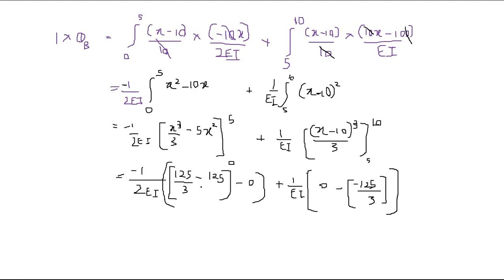So this is going to be 3 times, so you can take it out. So this is 1, so 1 means 3 over 3. It's going to be 125 over 3.